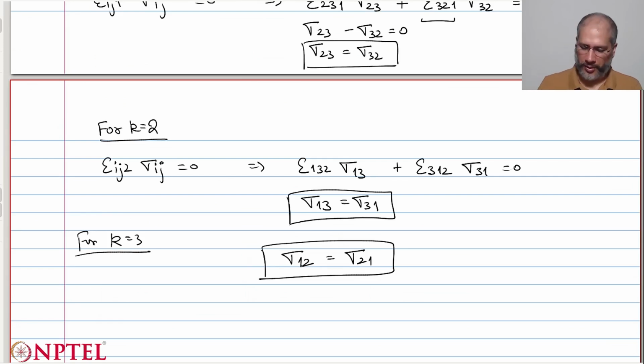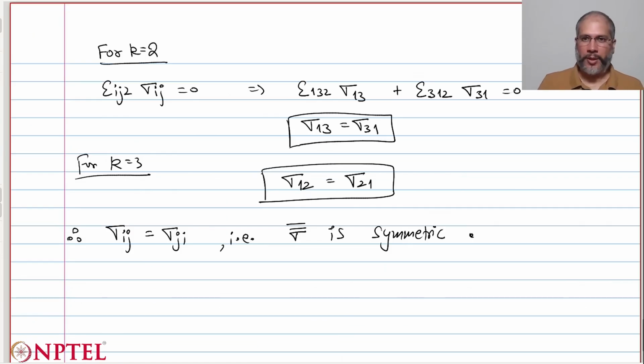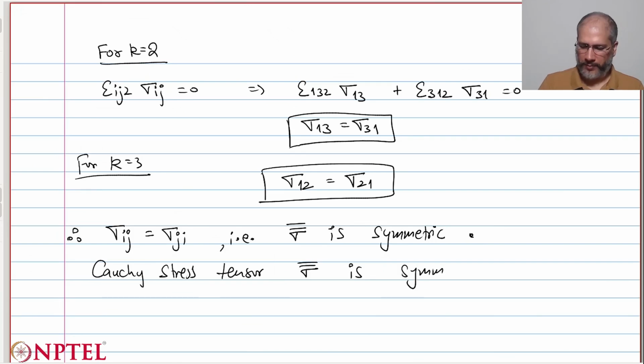So these 3 conditions can be summarized in a general statement that sigma ij is equal to sigma ji, that is, sigma is symmetric. So I can write in summary that the Cauchy stress tensor sigma is symmetric for non-polar materials.